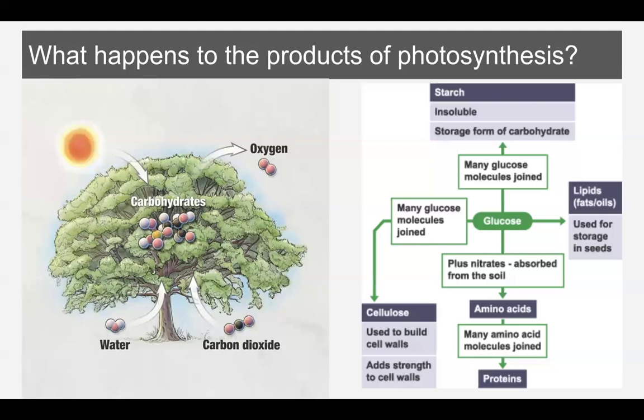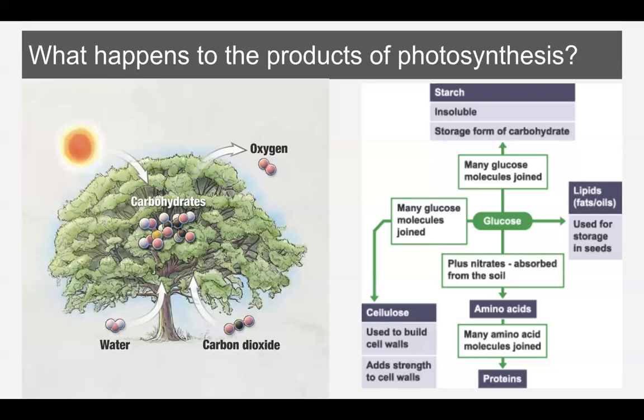And so when plants get the nitrates, especially from the soil, they can use the carbon, hydrogen, oxygen, and the nitrogen from the nitrates in the soil, and they can make amino acids, which are the building blocks of proteins. So trees use those glucose molecules, rearrange them inside of their cells, and in short, they make proteins from those molecules.